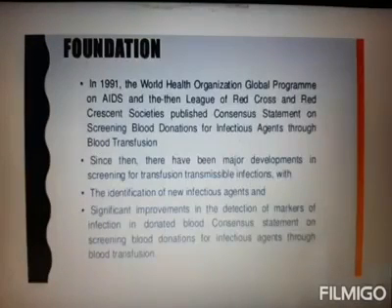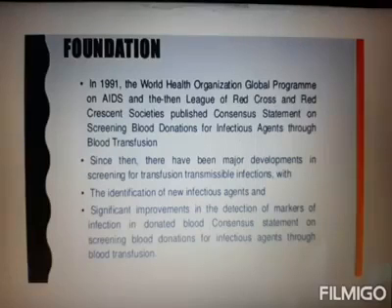The foundation of this study can be traced to 1991 when the World Health Organization Global Program on AIDS and the then League of Red Cross and Red Crescent Societies published a consensus statement on screening blood donations for infectious agents through blood transfusion.